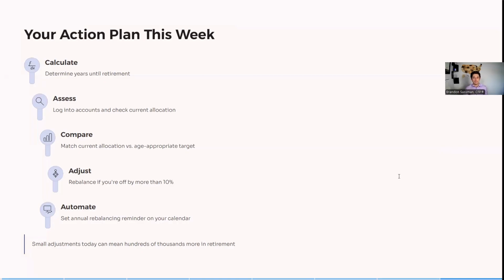And then lastly, set up some type of automation here to keep tabs on all this stuff. So you always want to be looking at your portfolio at least once a month to just see what's going on and make sure nothing crazy's happened. So if you're someone who's just really set it, forget it, at least set up some type of system where you have it on your calendar every month just to check in, see how things are going. And what will happen naturally is stocks will do better than bonds.